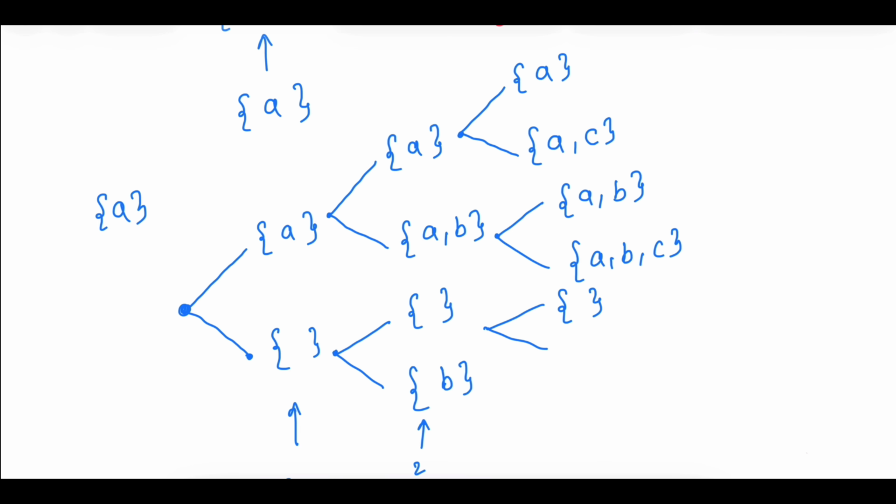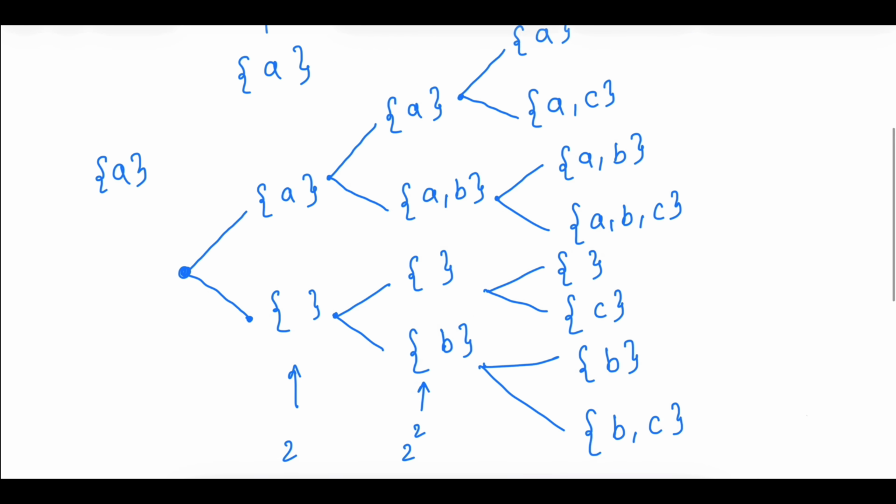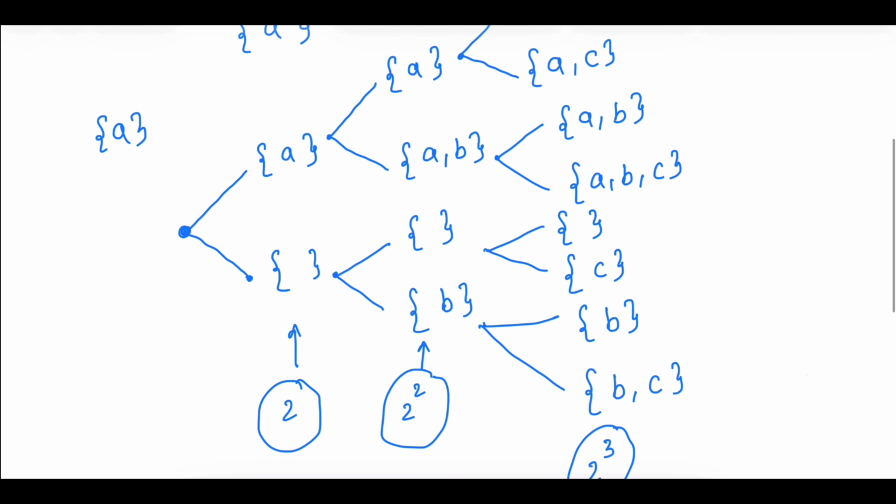We keep the same subset and then add the new element. So we can see that essentially we are doubling the number of subsets that can be formed every time, right?